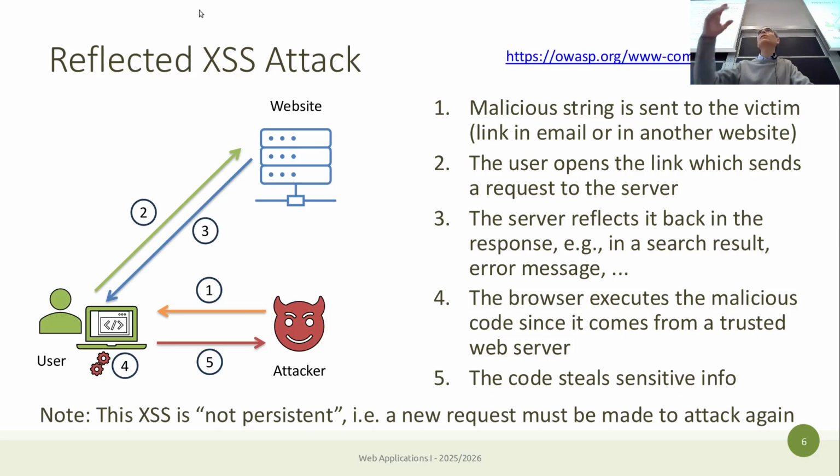It would be easy to detect this condition, right? But it comes from the same website you want to visit with the link. And so this code might do anything malicious, okay? So, for instance, it can steal sensitive information and so on, okay?